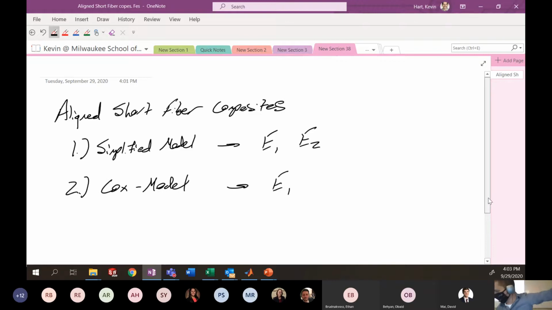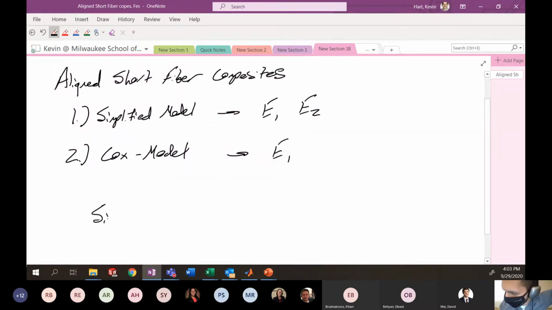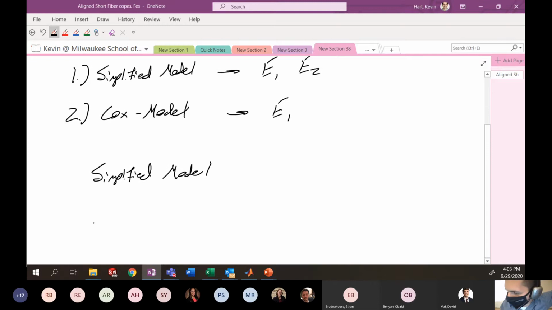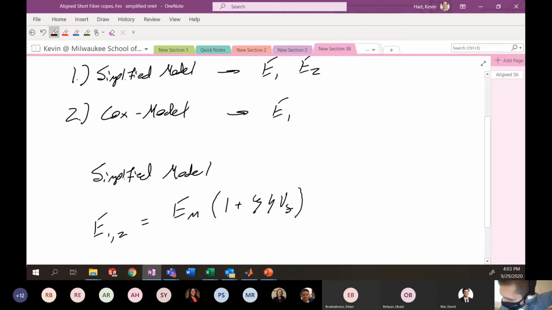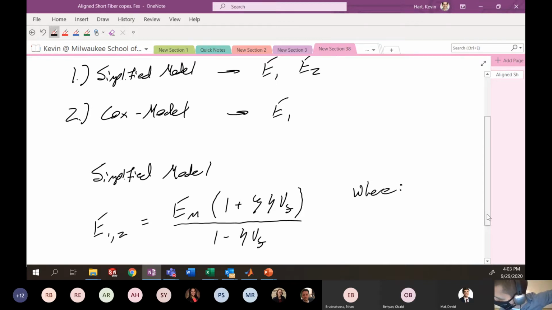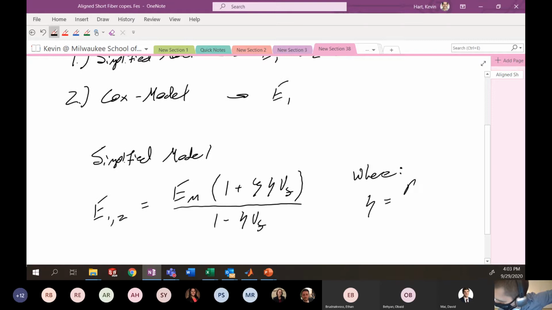So the simplified model was something like, E1 comma 2, since they both end up working the same way. Modulus of the matrix, 1 plus psi eta df, all over 1 minus eta df, where eta is equal to the property of the fiber.